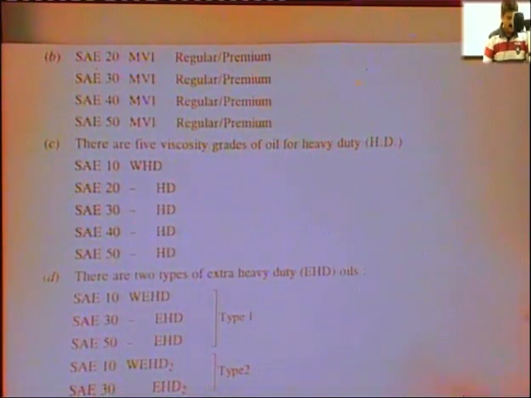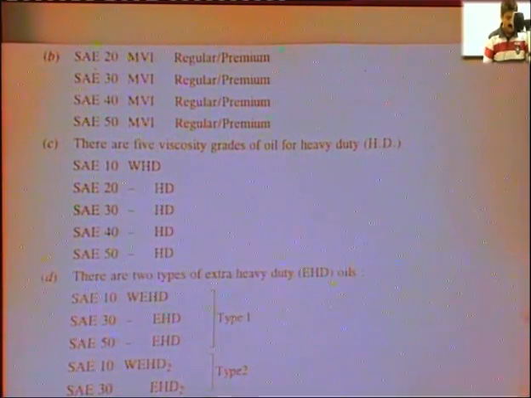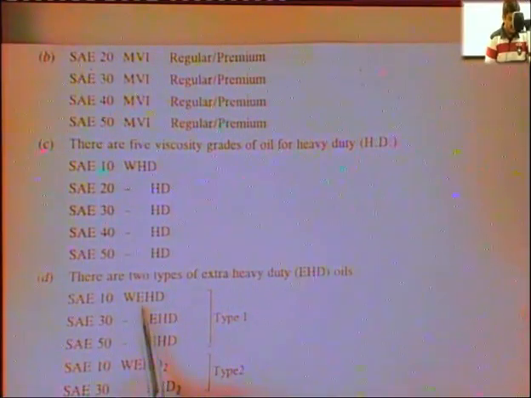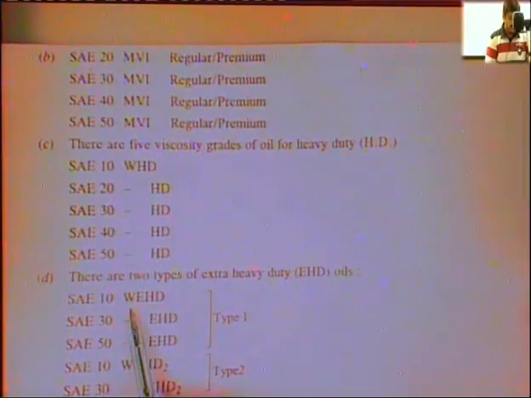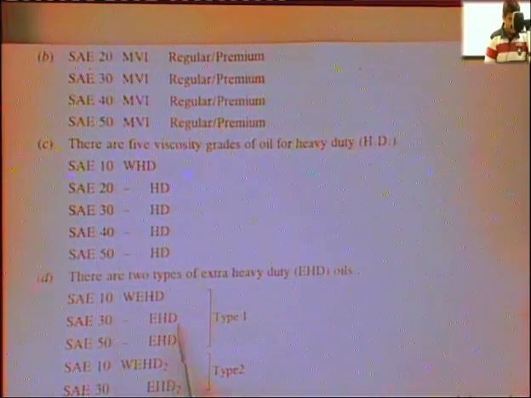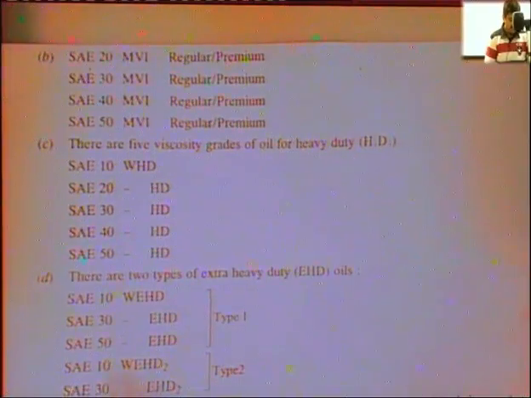And there are extra heavy duty oils for which we will use the suffix EHD, and W denotes the winter season. There are two types, type 1 SAE 30 EHD and SAE 50 EHD, and the second one is WEHD2 and EHD2.